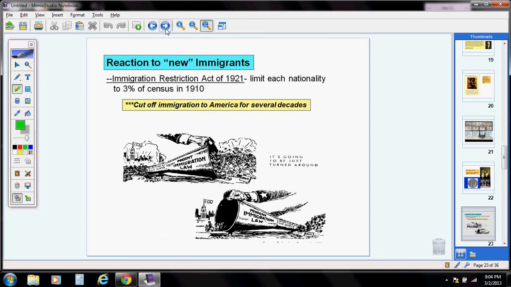At the time, however, before World War II, the anti-immigrant feeling kind of transpired into some new laws to limit the new immigrants. One of the more famous is the Immigration Restriction Act, which limited nationalities to only 3% of who was in the country in 1910.